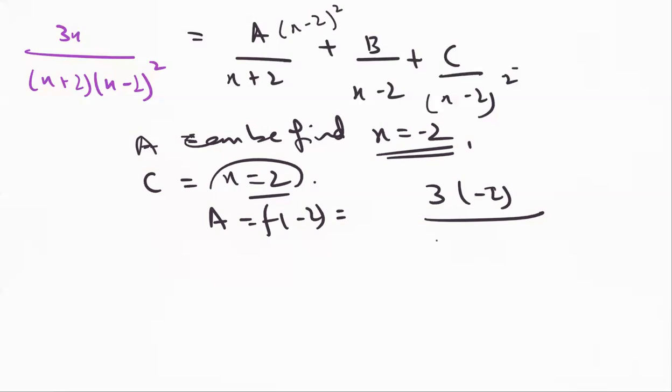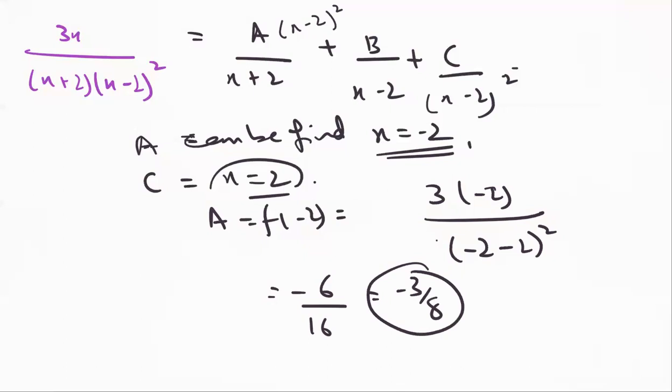So dividing it, in order to solve for A, we would be doing -2 whole square. So we are getting -6 divided by -4 the whole square, that is 16. So we are getting a value of -3 over 8. So -3 over 8 is A.